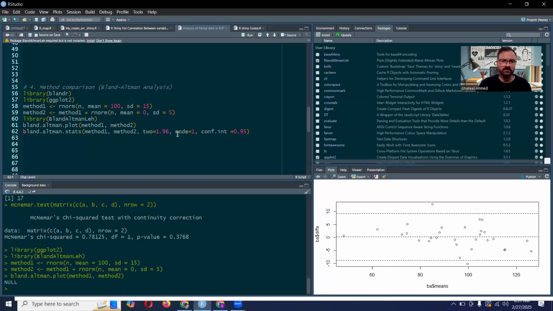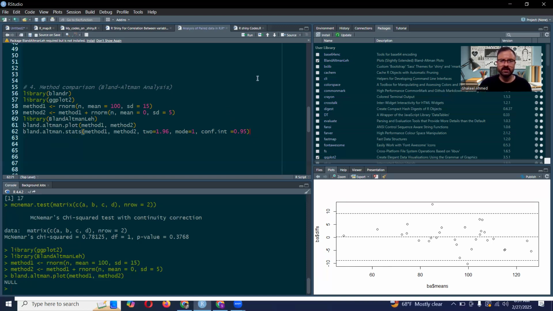And we can also find the Bland-Altman statistics that consist of these values. We can find the minimum difference, maximum difference, the mean difference, and the two limits, and we can just assess.